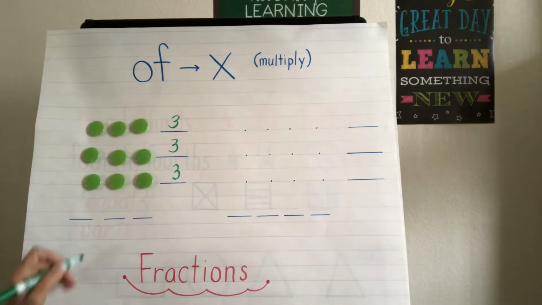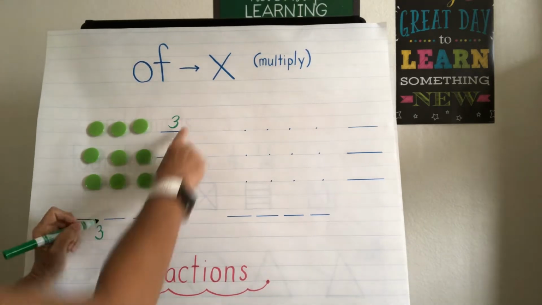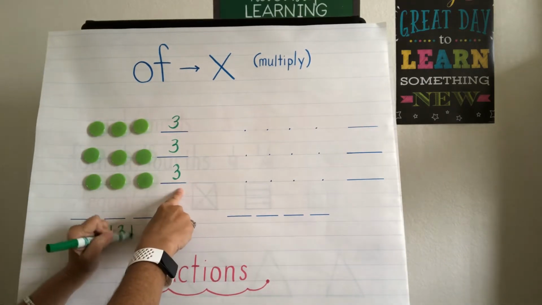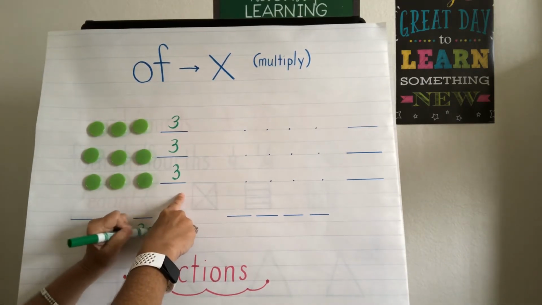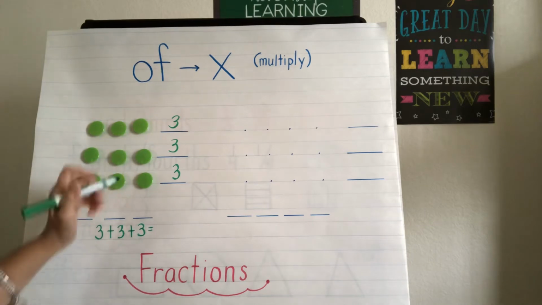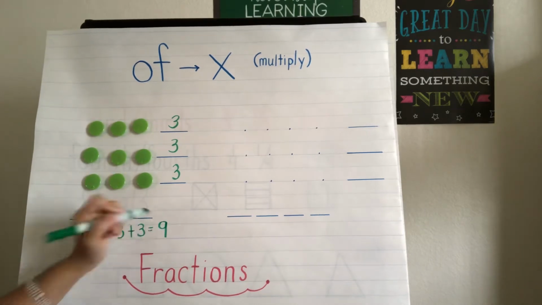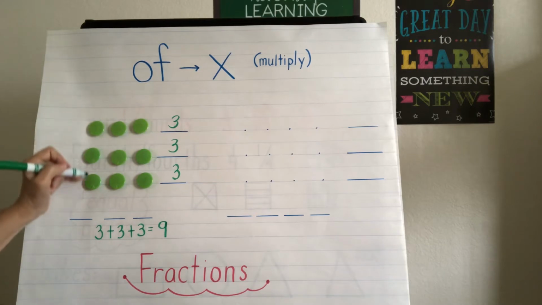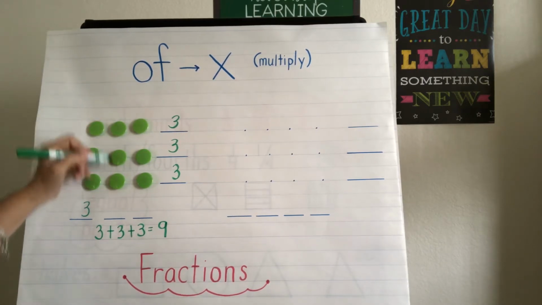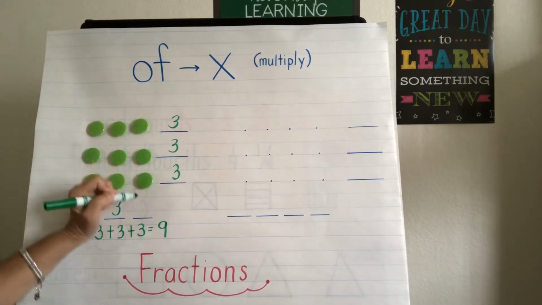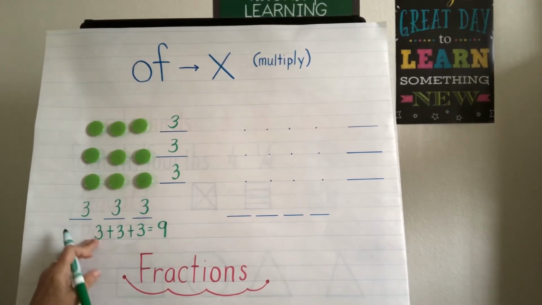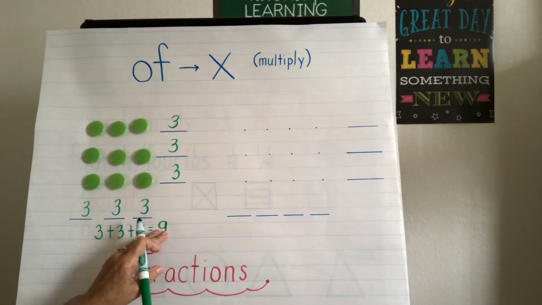I can say 3 plus 3 plus 3 equals 1, 2, 3, 4, 5, 6, 7, 8, 9. It equals 9. I'm going to count the columns now. 1, 2, 3. There's 3 in this column and 3 in this column. This one is going to give me the same amount. 3 plus 3 plus 3 equals 9.